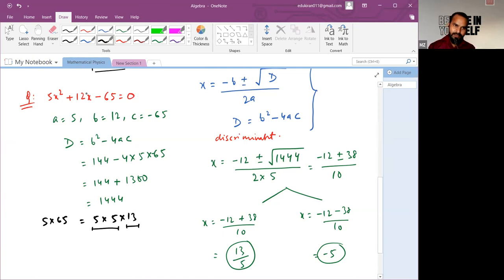So you can break this particular 12 in terms of 25 and 13. So it comes out to be 5x squared plus 25x minus 13x minus 65 is equals to 0. So if we take out common from these two terms, it would be 5x plus 13 and x minus 5.